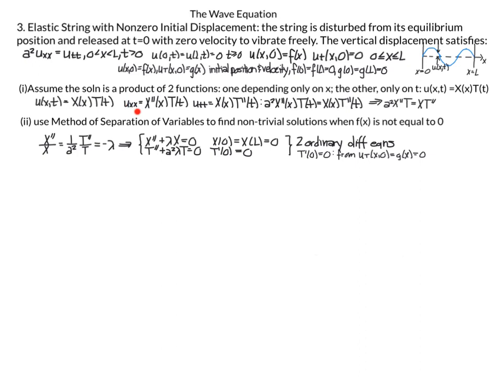Then we can take the second partial derivative with respect to x, which gives us X double prime times T. And the second derivative with respect to t is going to be X times T double prime. So when we plug these two into the wave equation, we will get a squared X double prime T is equal to X T double prime.